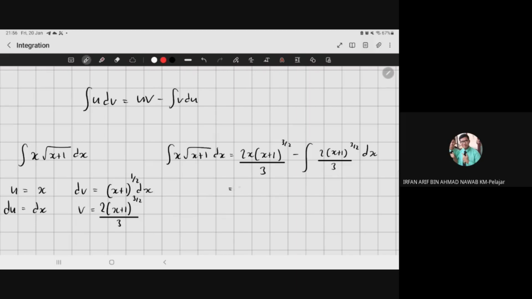I integrate it as usual. Wait a moment, all of you can try this together. Let's try together. But give me a moment. Integration by parts.